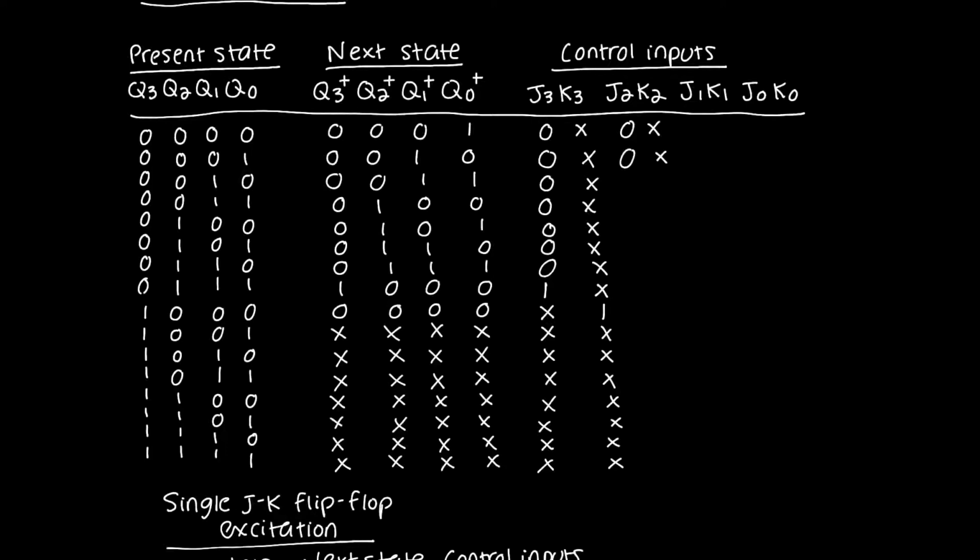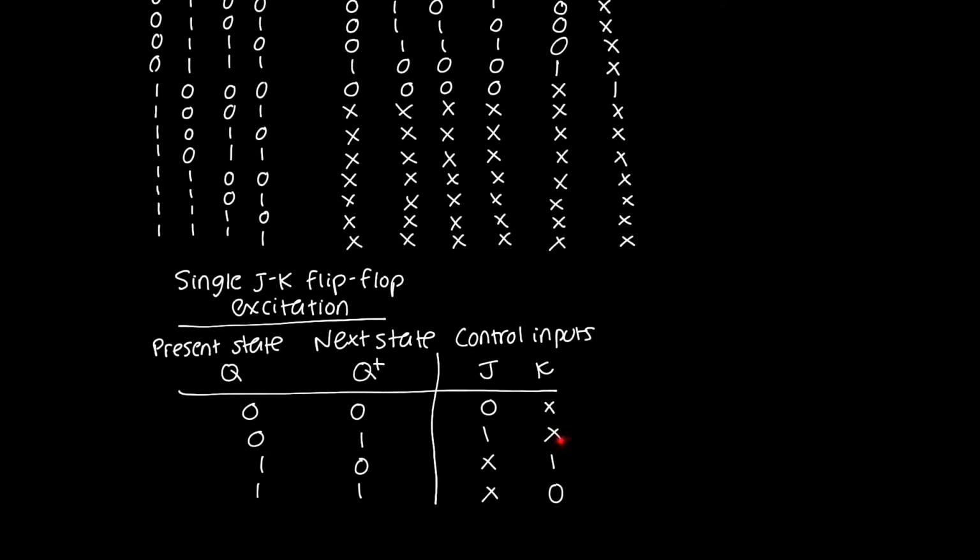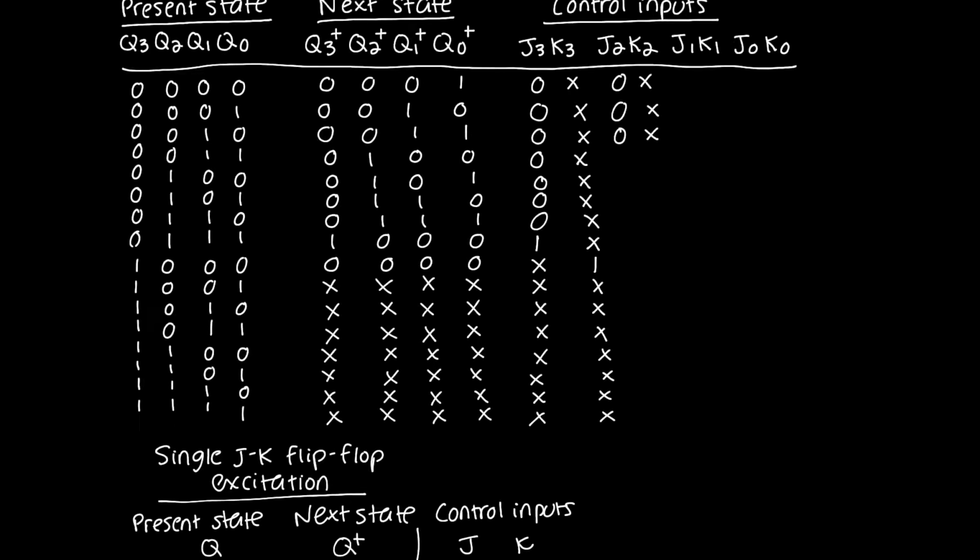So that's another 0X. Another 0, 0. So that's 0X. And here I have a 0, 1 transition. For a 0, 1 transition, we said it's 1X.